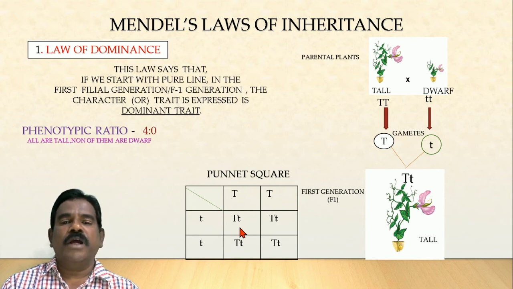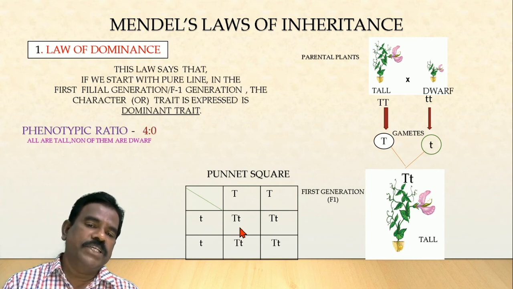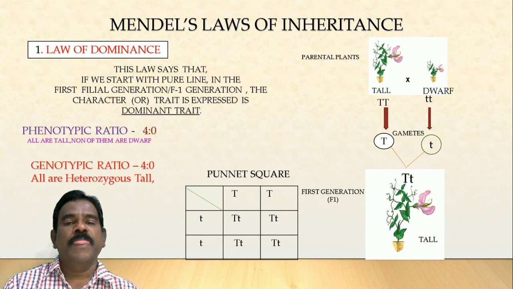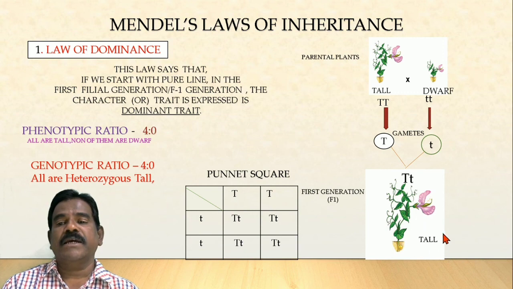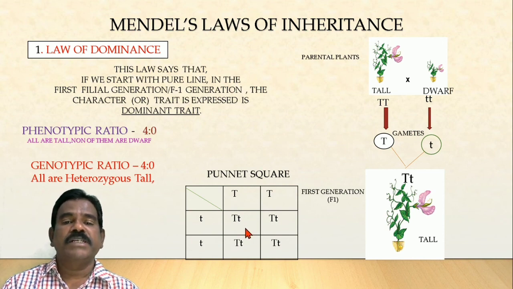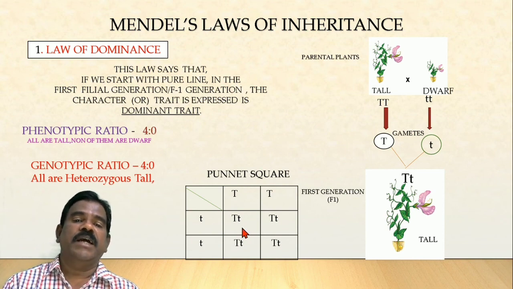And also, if you observe the genotypes of these plants, all 4 plants have the genotype capital T, small t, the heterozygous condition. For a character, there are 2 different genes. That's why they are heterozygous, capital T, small t. So all 4 offspring have the genotype capital T and small t.